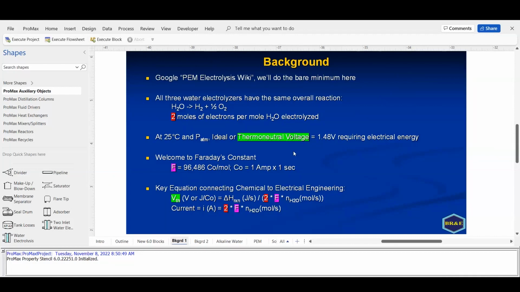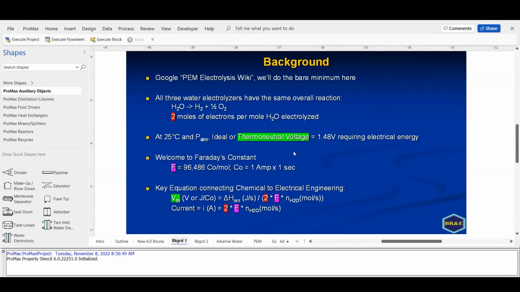So in chemical engineering, we have the heat of reaction and molar flow, and on the electrical engineering side is this voltage, and they're related in this manner. Likewise, current can be expressed as 2 times the Faraday's constant times the molar flow of water as well. So here's how you have voltage and current, and you can see how they're related to the more chemical engineering terms that most of us are used to.